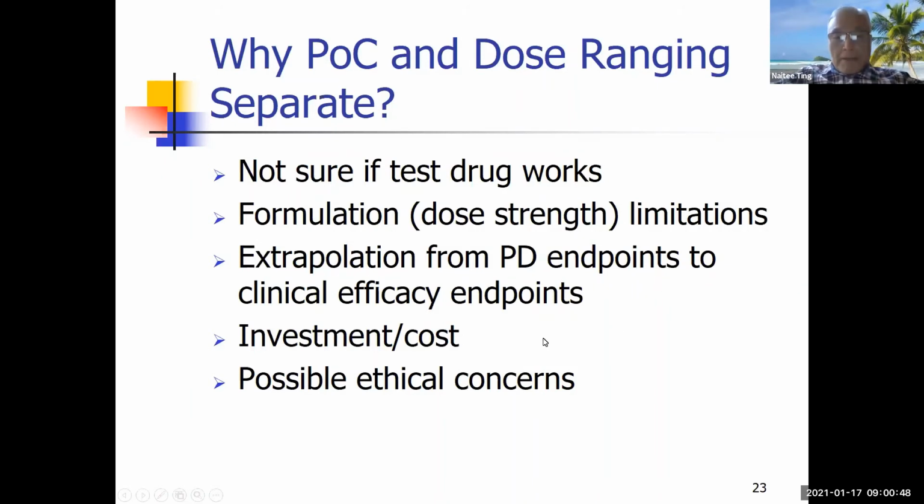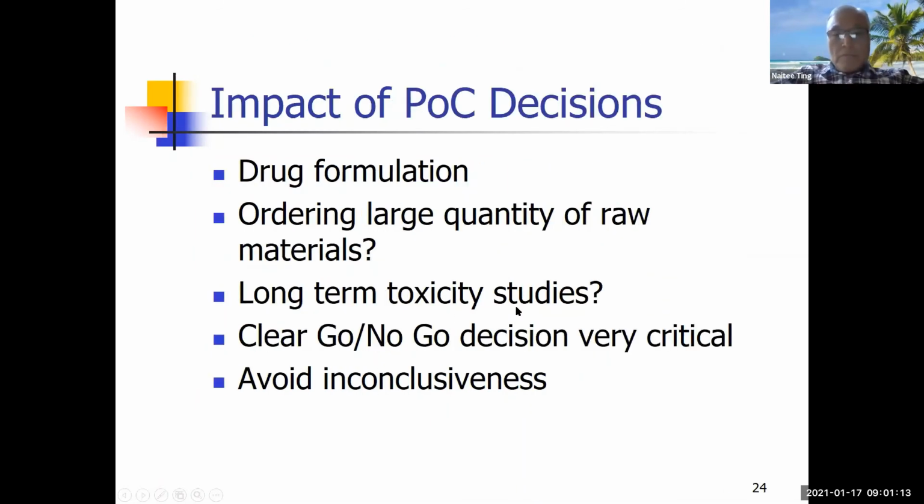Of course, the cost will be prohibitive, because if you don't have enough investment for a dose ranging trial, you want to start with a POC, so you separate them. And there are possible ethical concerns, because you don't know whether the drug works or not. If you expose a lot of patients to it, there might be ethical concerns. But the POC decision is very, very critical.